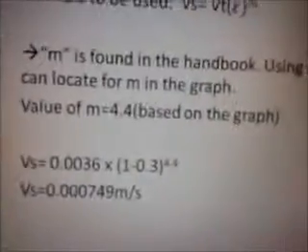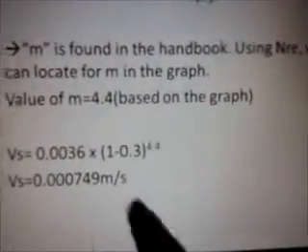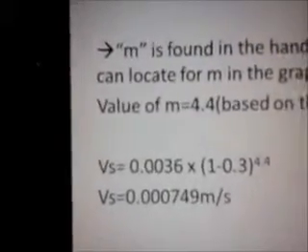So just go to the particle dynamics section of your handbook, and from figure 6.58, this is the graph. Locate the Reynolds number at the bottom on the x-axis, touch the curve, and then locate on the axis the m. So we will have the value of m, which is equal to 4.4, and then solve for Vs. In there you have your hindered settling velocity.